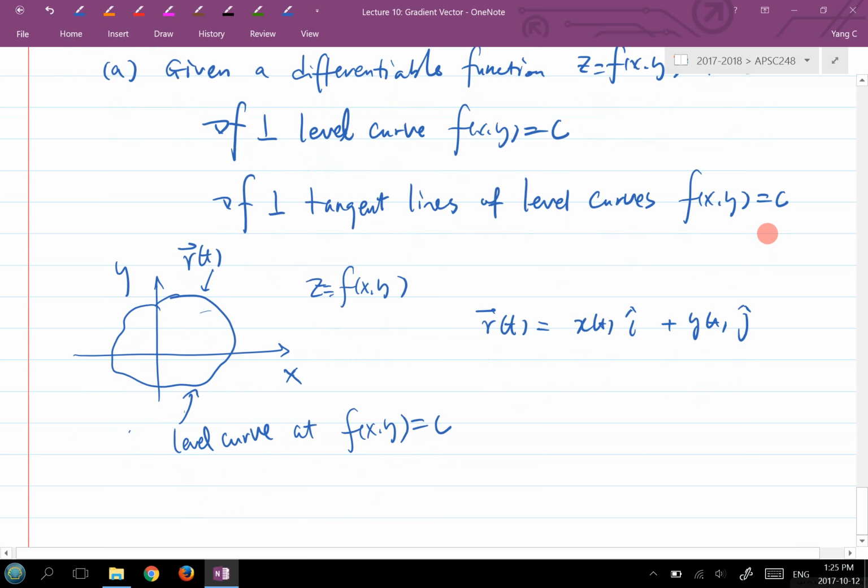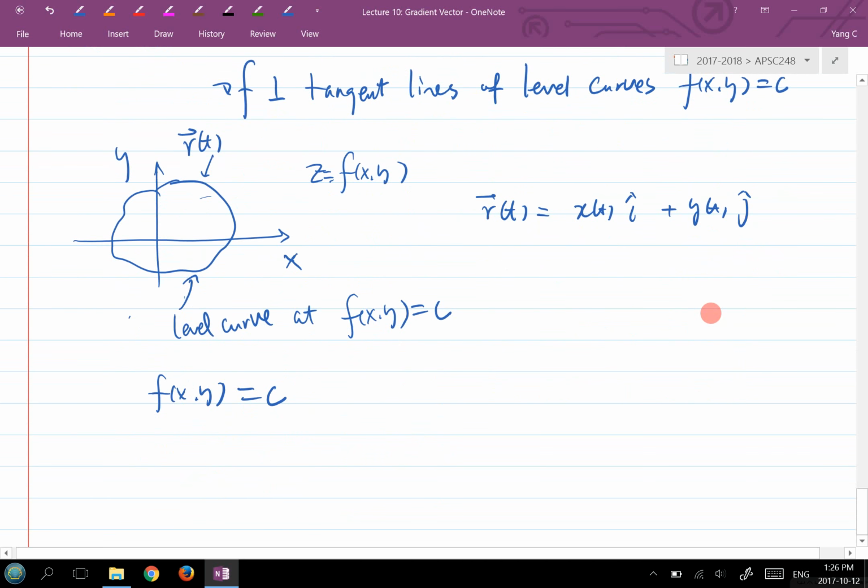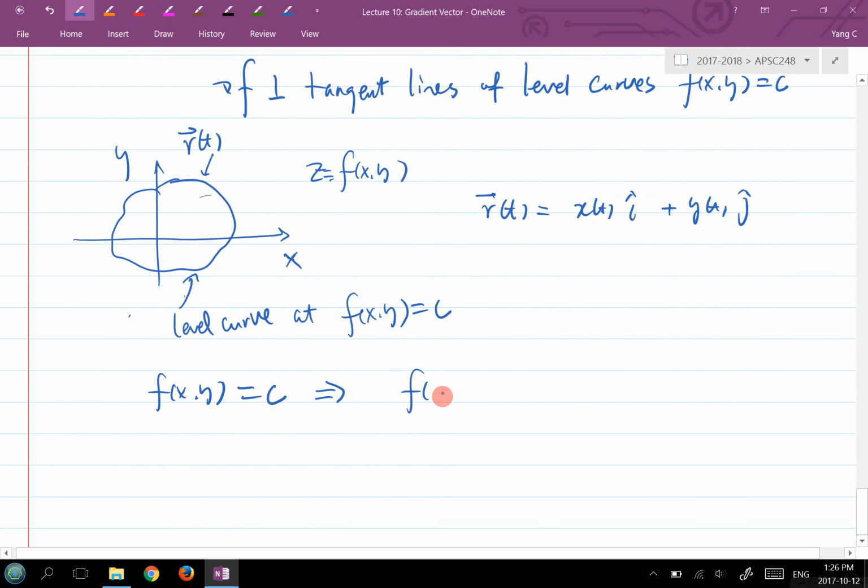Now I'm going to manipulate something. I'll start from my level curve here. So this is the level curve, right? This x and y are part of this parametric equation. So basically I can replace x with x(t) and replace y with y(t).